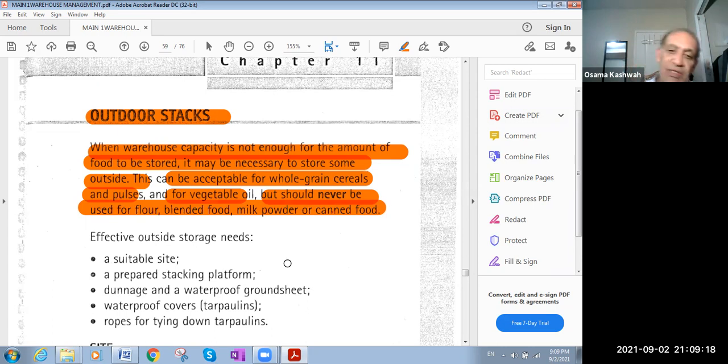Don't put all this stuff outside the door. Again, never put blended food, milk powder, or canned food outside of the warehouse, because it will be exposed to the external environment, and that might pollute it and cause damage and risk to anybody's health.